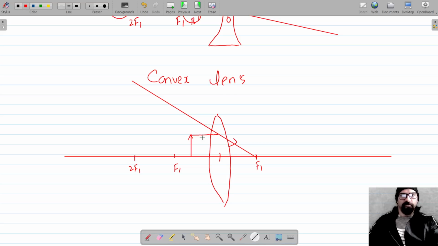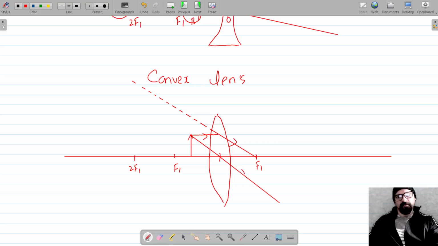And we will produce it in the backward direction, and this is a dotted line because we are assuming this light is going here. Okay, now let's assume another ray of light is going through the optical center and it will just go like this.